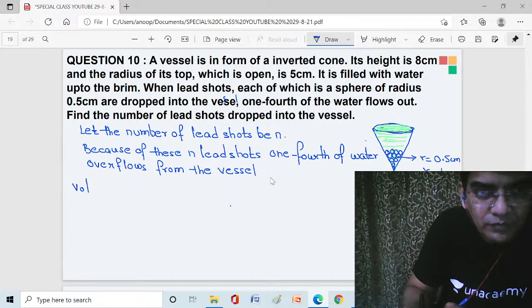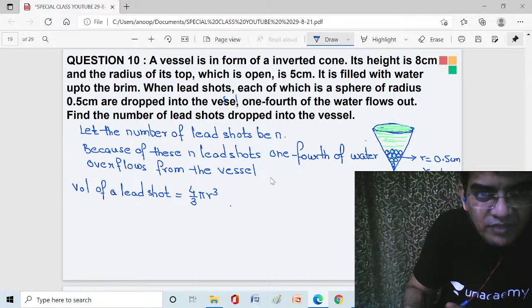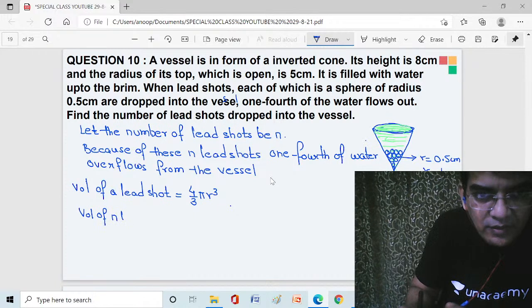Now how many lead shots we have considered? n. So volume of n lead shots is 4 upon 3 pi r cube into n. So we have got volume of n lead shots.